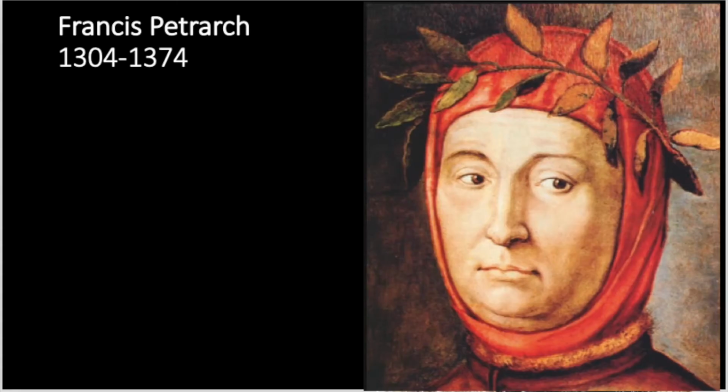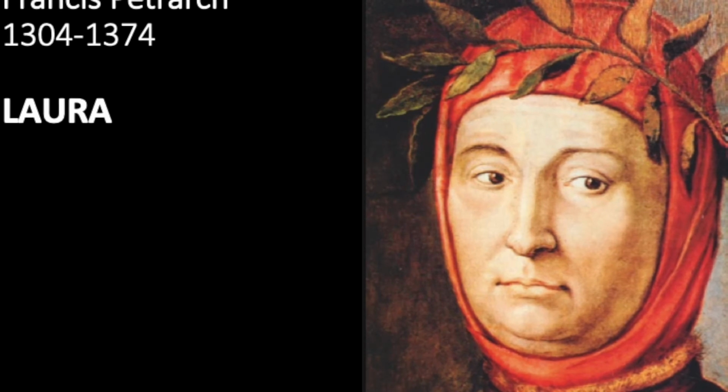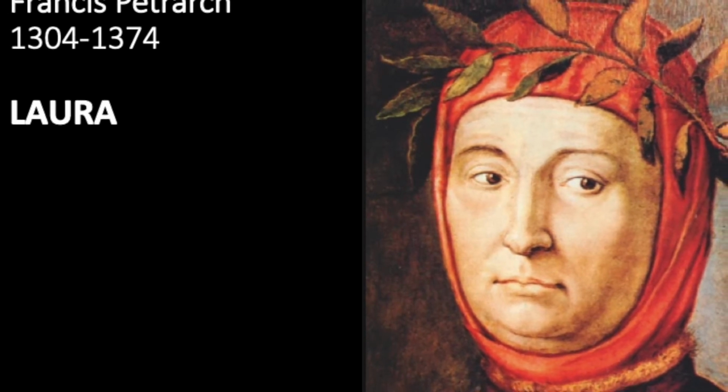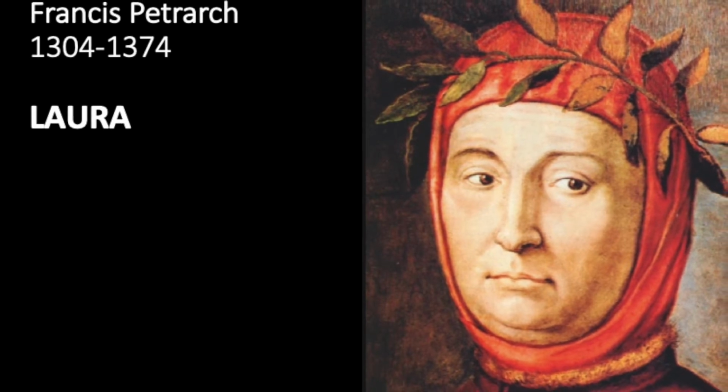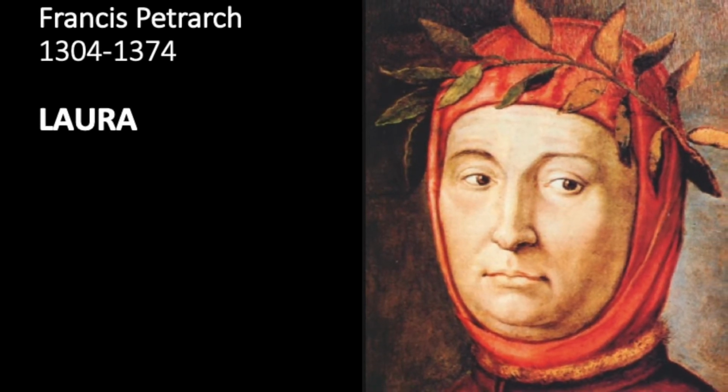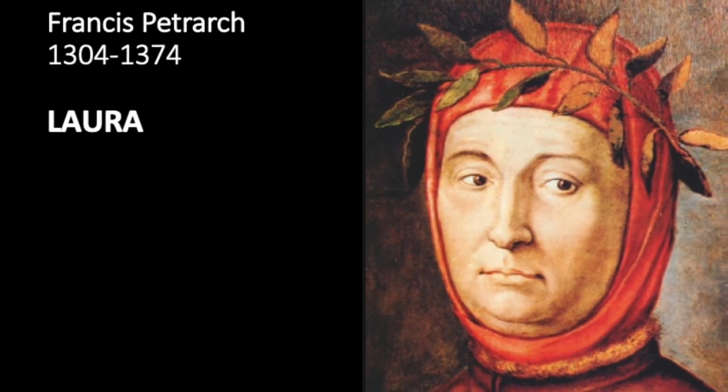An example of this doubleness with respect to praise, or the epideictic, is the work of the Italian poet who stands at the beginning of sonneteering in Renaissance Europe, Francis Petrarch. Who is praised in Petrarch's sonnets? Laura, the woman he claims to have fallen in love with at first sight, prompting him to leave the priesthood.